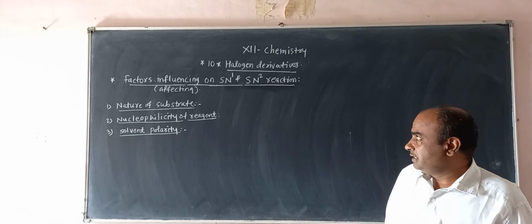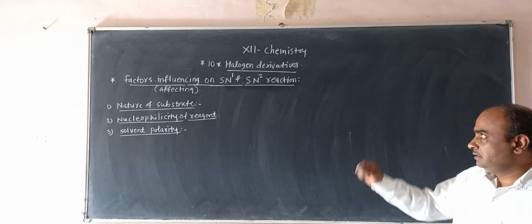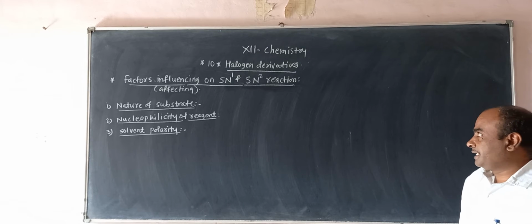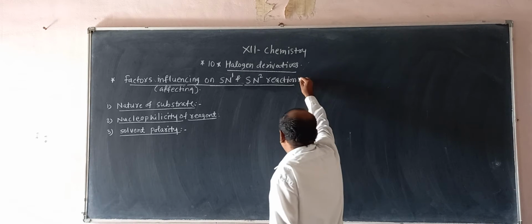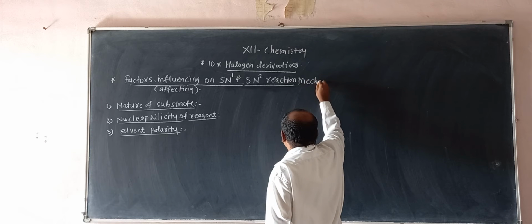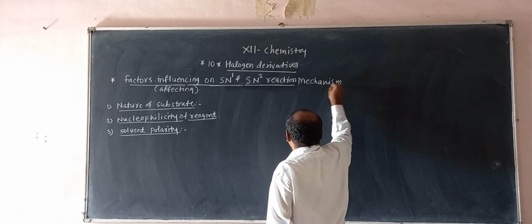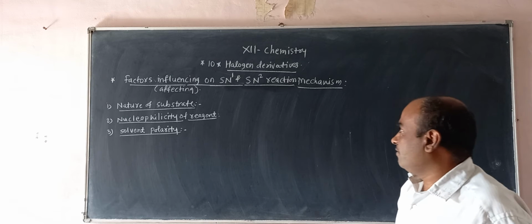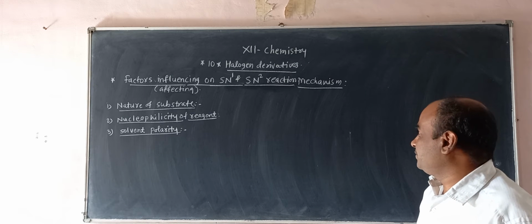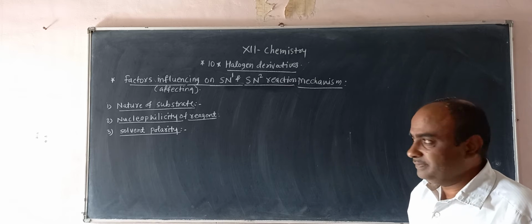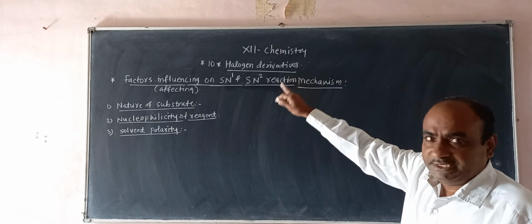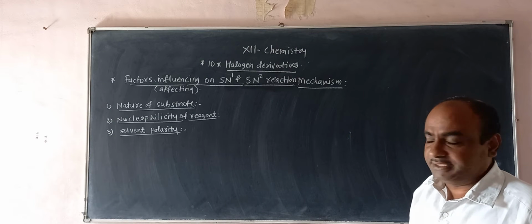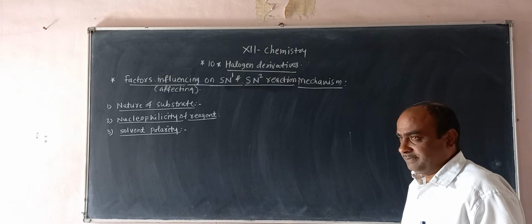Now, during the last lecture, we discussed the SN1 and SN2 reaction mechanisms in detail. Today we want to discuss the factors influencing the SN1 and SN2 reaction mechanisms. Influencing means factors which affect the SN1 and SN2 reaction mechanisms.